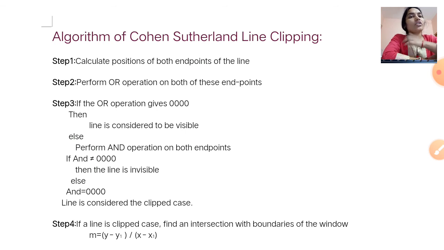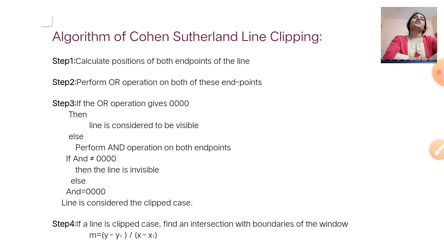That means it is either invisible or a clipping case. If the AND operation is not equal to 0 (four bits 0), then the line is invisible. And if the AND operation is equal to 0 (four bits 0), then the line is considered a clipped case.